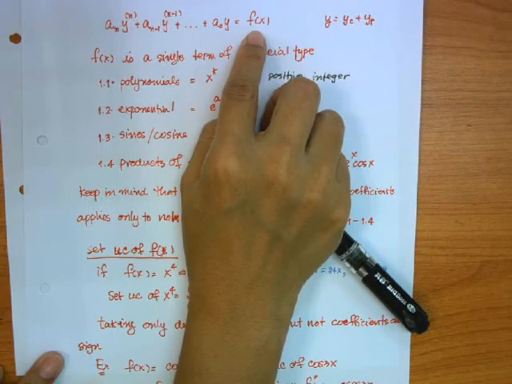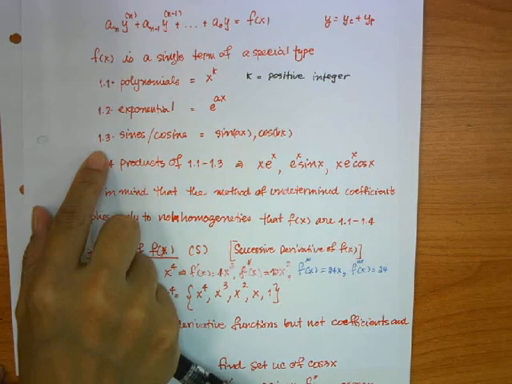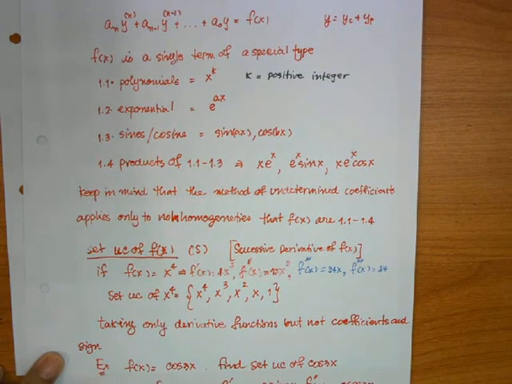Yes, because it fits category 3. So in order to use this method, you should be able to find the UC set of this function. The question is to find the UC set of cos 3x.